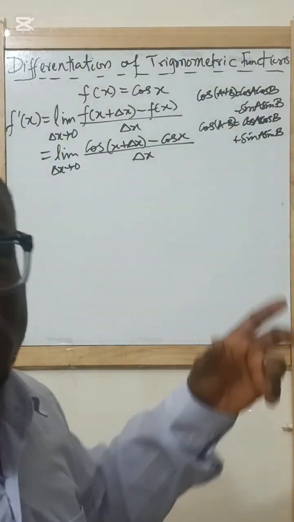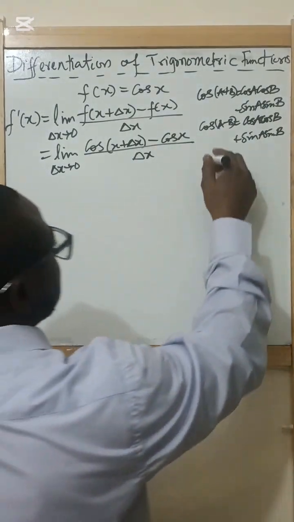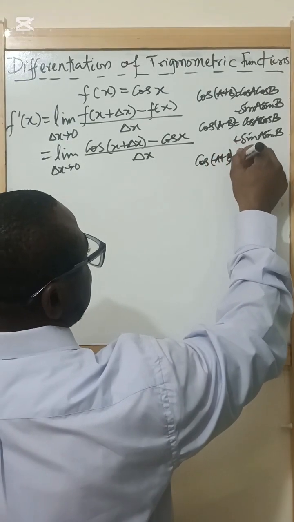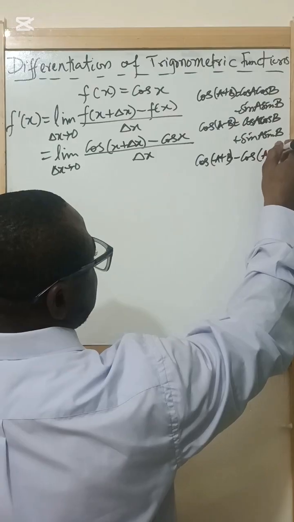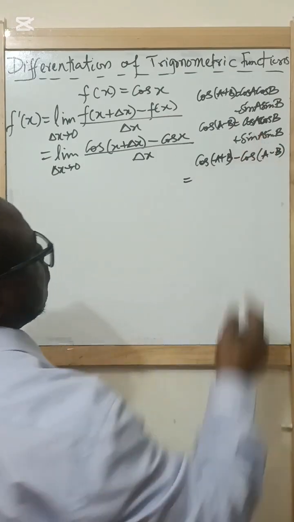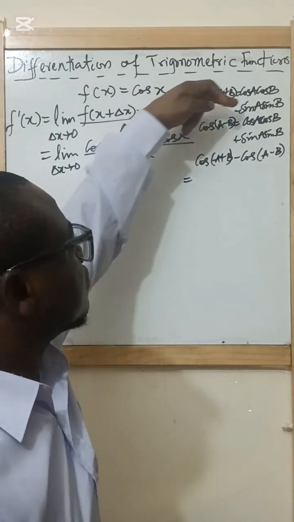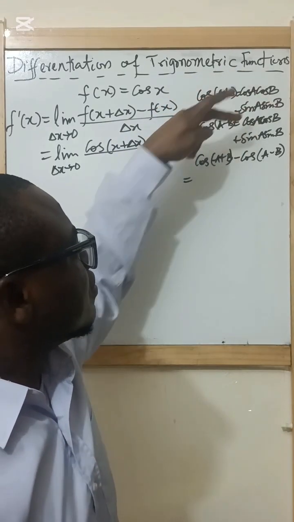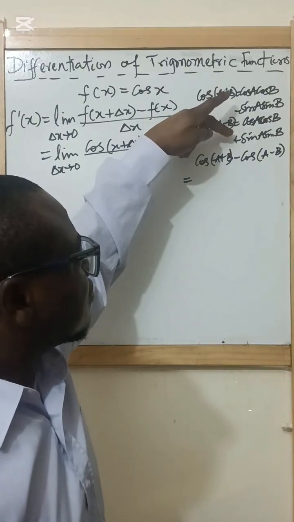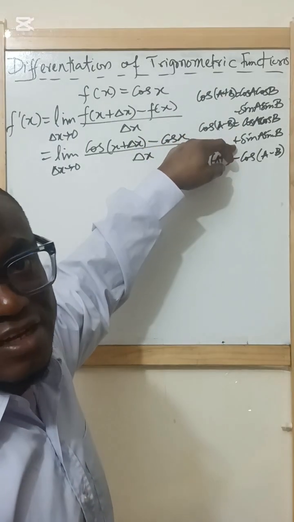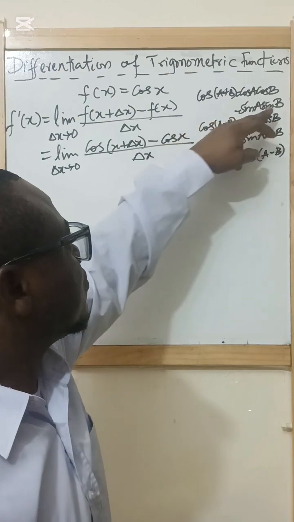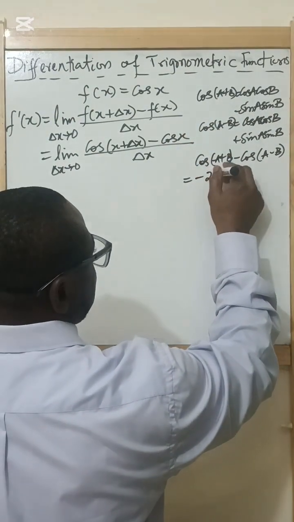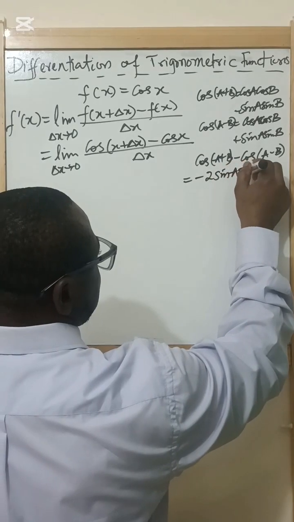So if we subtract the two, that's going to be cos(A plus B) minus cos(A minus B). Now you subtract this from this. This and this will be gone. Then this is minus sin A sin B, minus that is minus times plus, that's minus. So minus sin A sin B minus sin A sin B, that will be minus 2 sin A sin B.